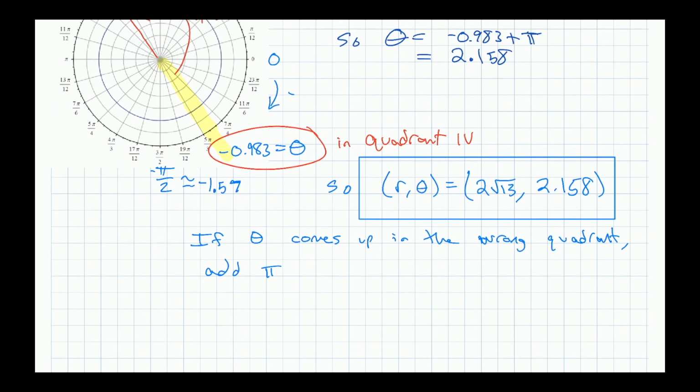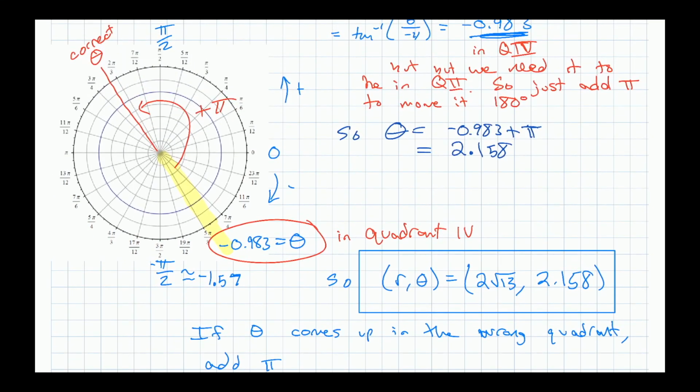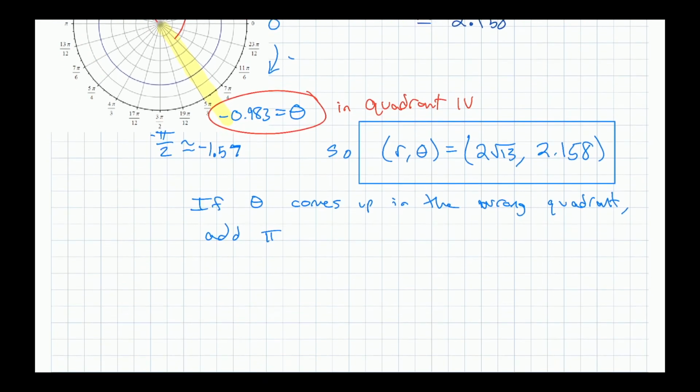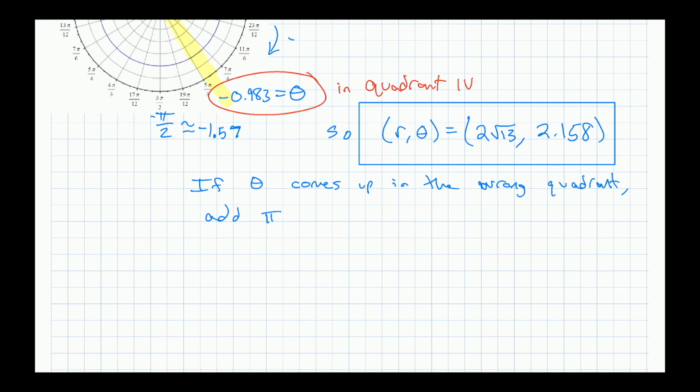I think that'll be correct, because if it's down here, adding pi will make it positive, which is generally what you're going to want. And if you get one up here that's actually supposed to be in quadrant 3, then again, adding pi will make that happen. So there's no subtracting pi you have to worry about. You don't have to worry about negative positives, really. You just have to add pi, and that will fix it. So if theta comes up in the wrong quadrant, add pi to get the correct theta.